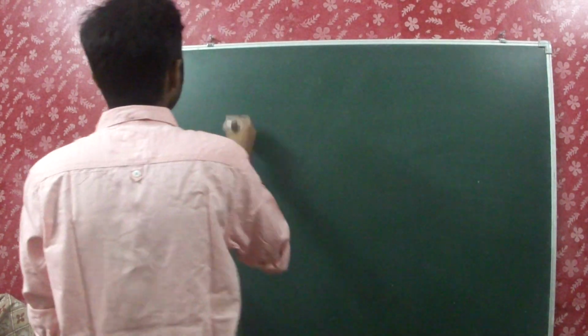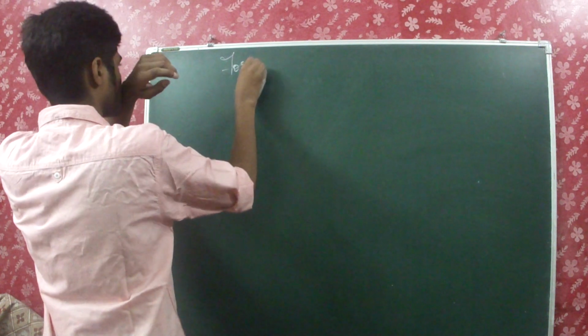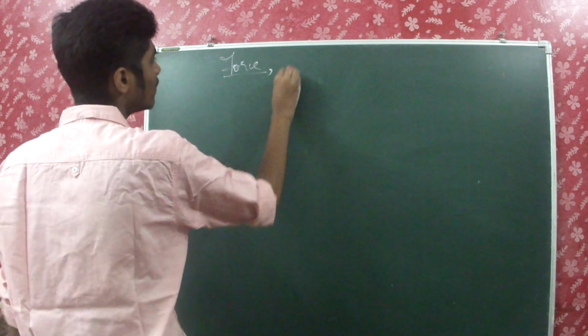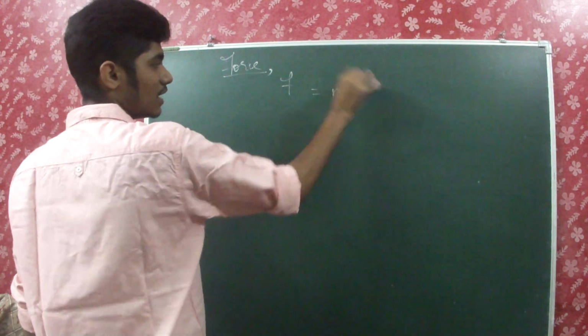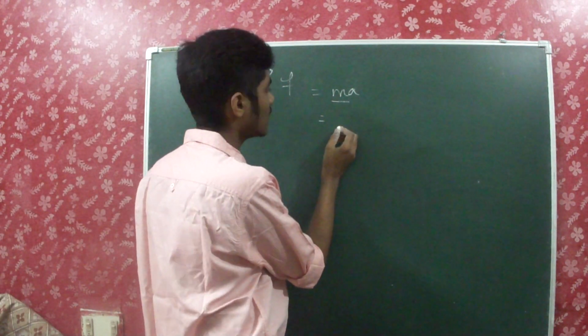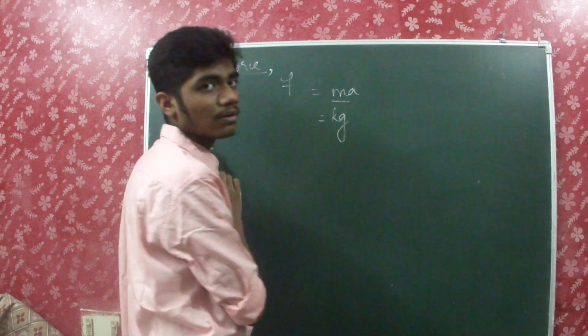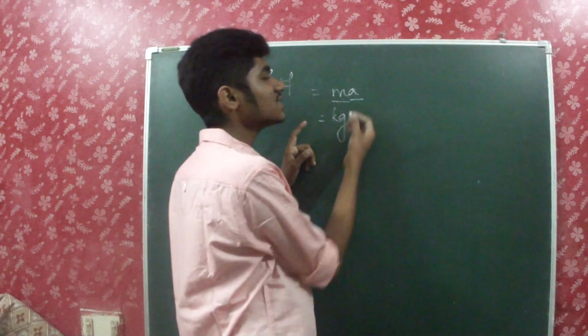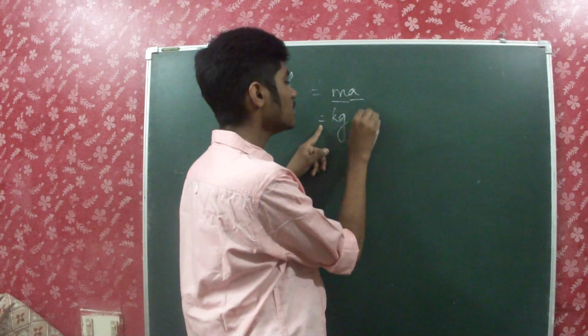For example, if you are taking force, what's the formula for force? F is equal to ma. So m is mass, the SI unit is kg. And then acceleration, what is the unit? Meter per second square.